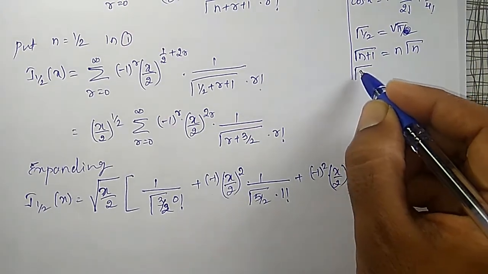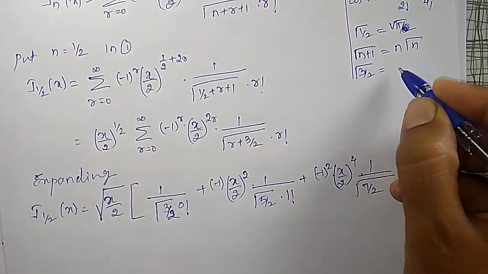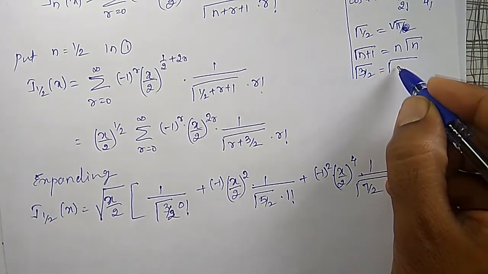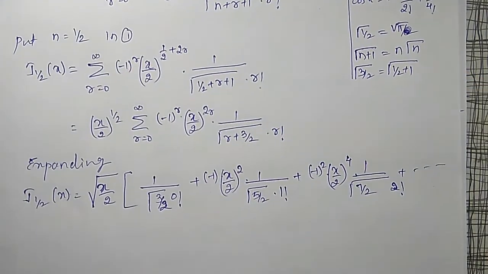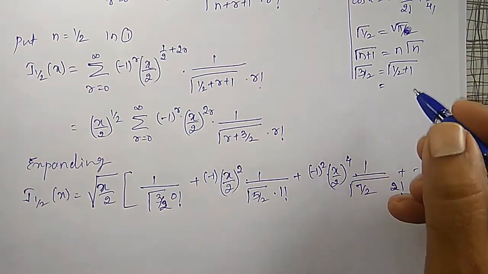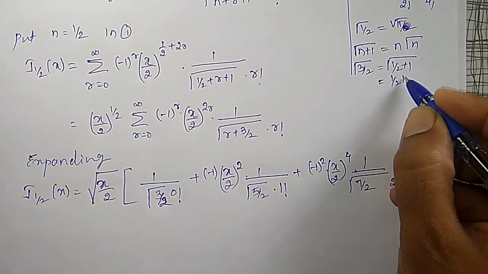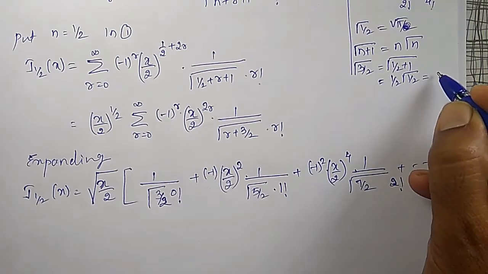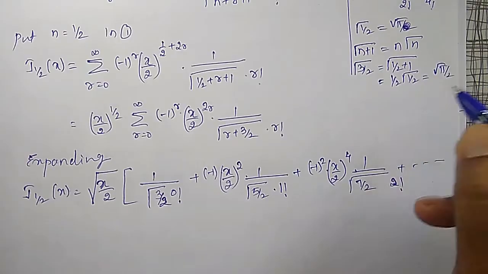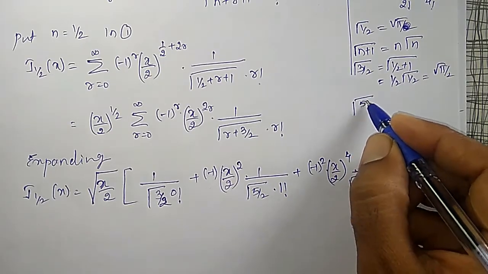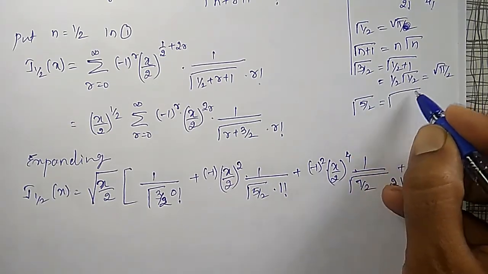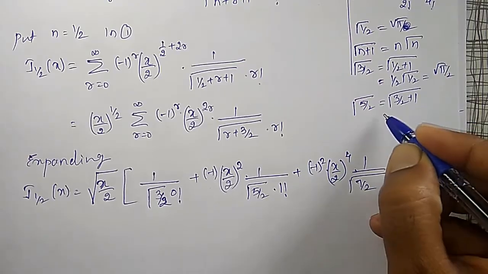Therefore, gamma function of 3 by 2, I can write it as gamma function of 1 by 2 plus 1. That is equal to 1 by 2 into gamma function of 1 by 2, that is root pi by 2. Like that, gamma function of 5 by 2 is gamma function of 3 by 2 plus 1.